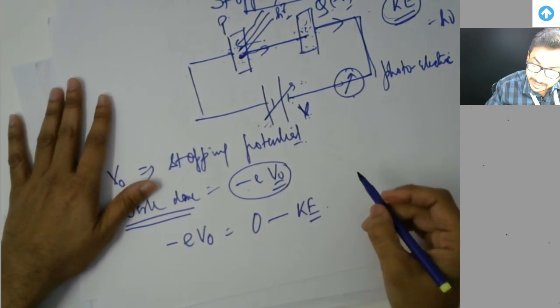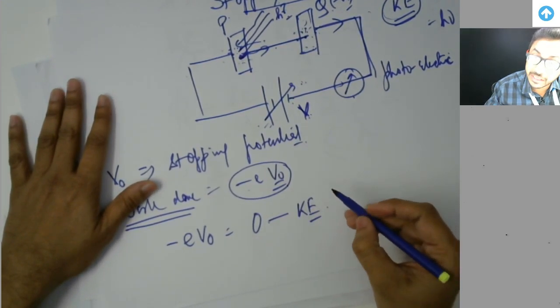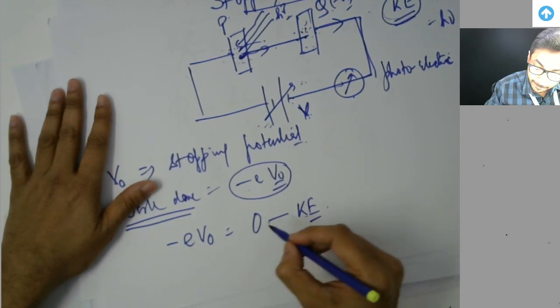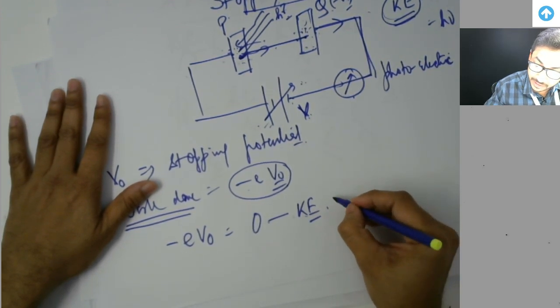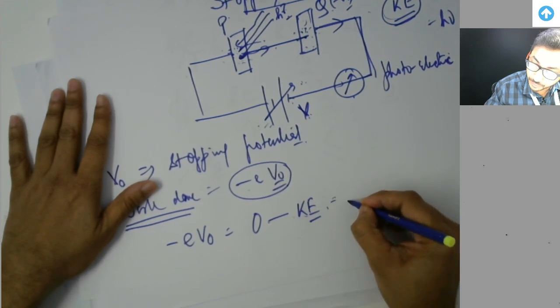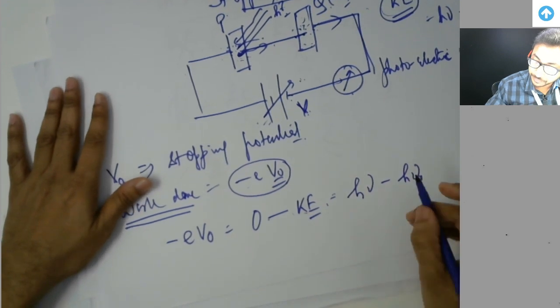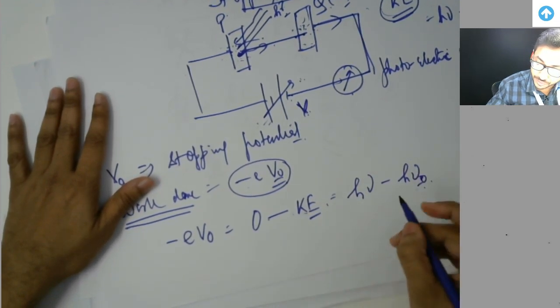So the maximum kinetic energy Ke is h nu minus h nu 0.